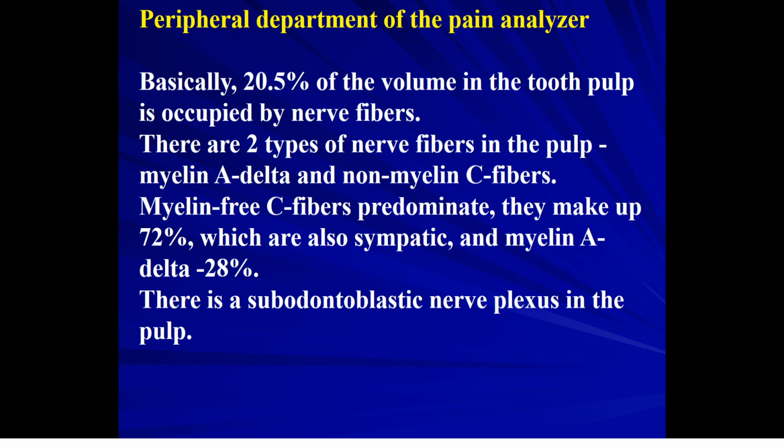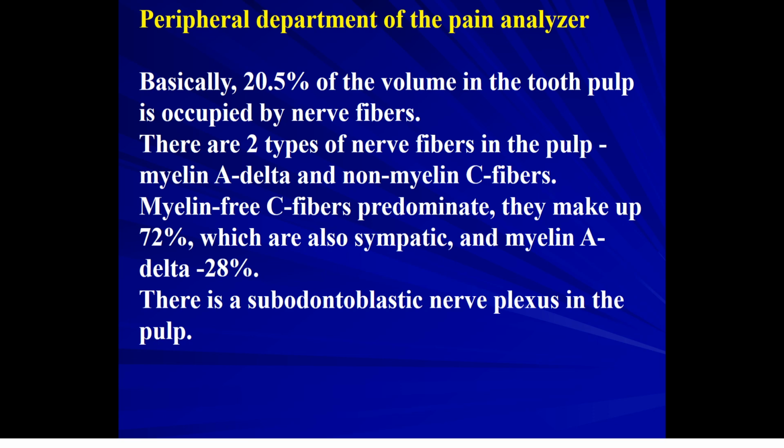Basically, 20.5% of the volume in the tooth pulp is occupied by nerve fibers. There are two types of nerve fibers in the pulp: myelinated A-delta and non-myelinated C fibers. Myelin-free C fibers predominate. They make up 72%, and are also sympathetic, and myelinated A-delta only 28%.